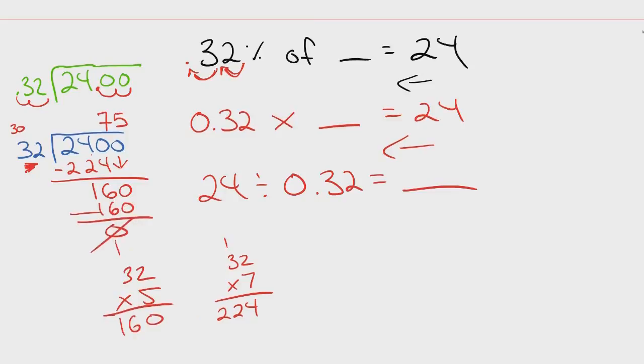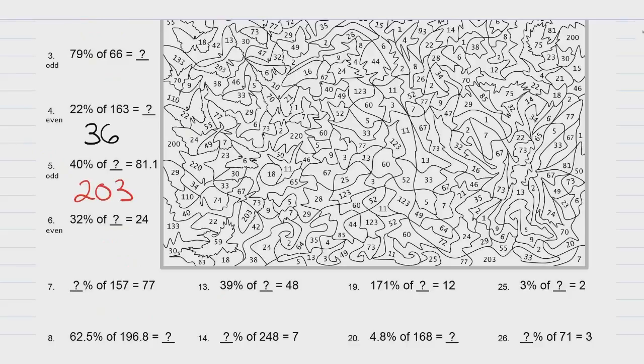And we are done. It says that 32% of 75 equals 24. Over here, we're going to put 75 as our answer.